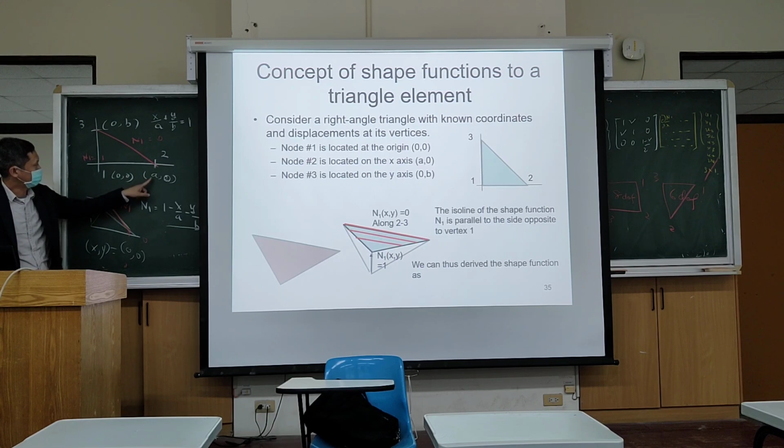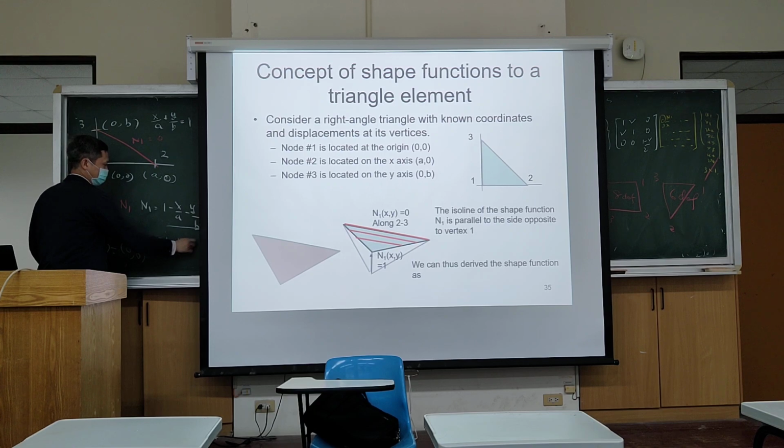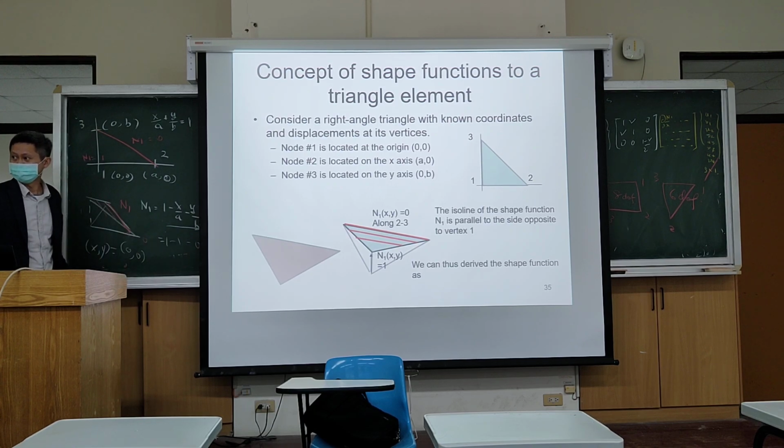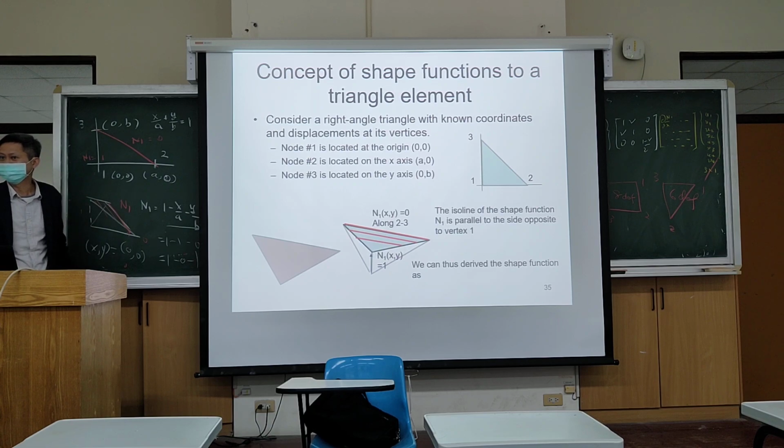If I substitute x equal to a, y equal to 0, then N1 is equal to 1 minus 1 minus 0. Okay? And then next, if I substitute 0, b, it's going to be 1 minus 0 minus 1. Okay? So that is a very quick way of finding the shape function.